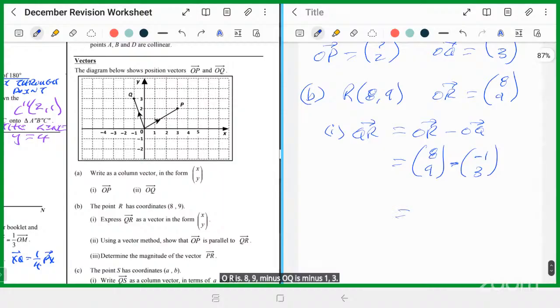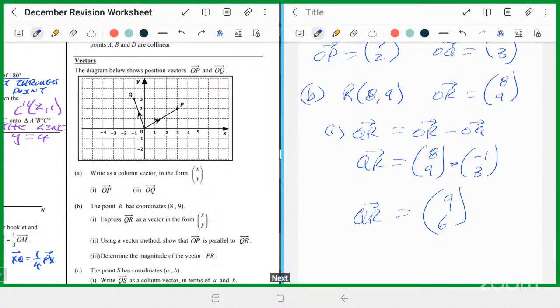That reduces to, this minus becomes a plus, 8 plus 1 is 9, and then 9 minus 3 is 6. That's the vector QR, 9, 6.